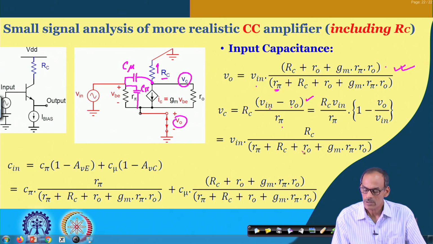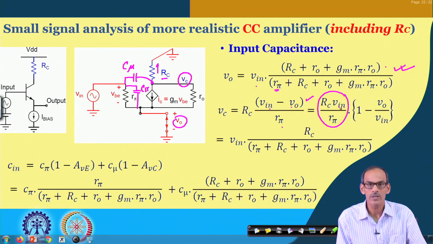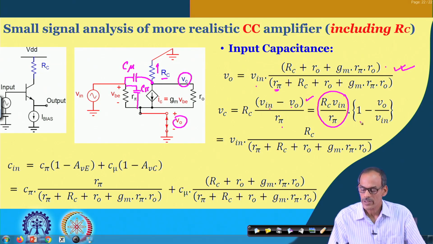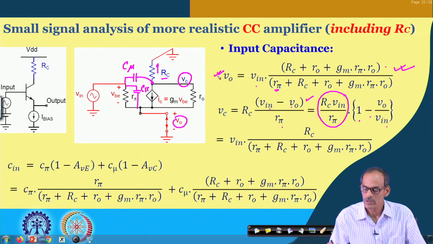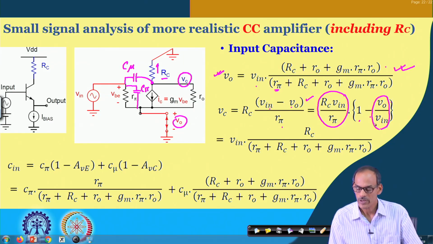This can be rearranged in this form. We can take V in outside, and we get a factor 1 minus V O divided by V in. So, if I use the expression of V O in terms of V in and plug in that expression here for V O divided by V in, what I will get here is this factor.